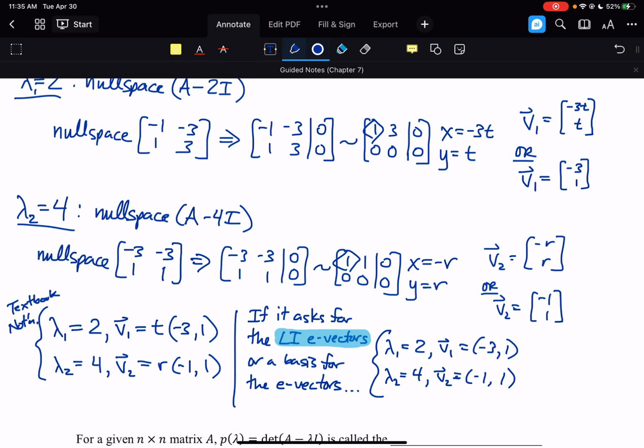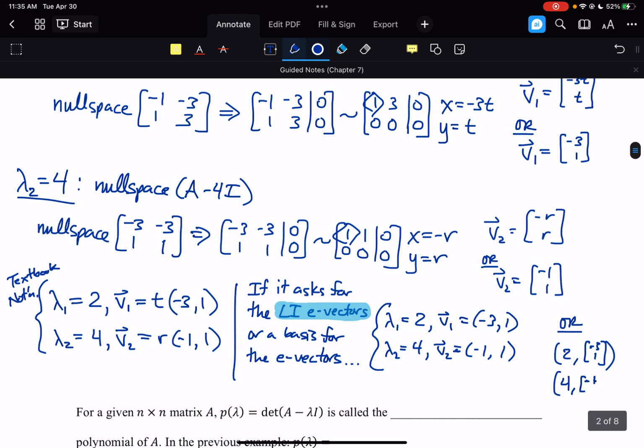You can also see them written as eigenvalue, eigenvector pairs. You don't see this one quite as much, but you could also see (2, (-3, 1)) and then (4, (-1, 1)), like that.